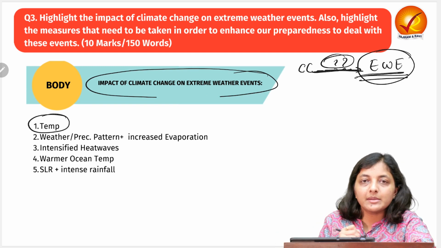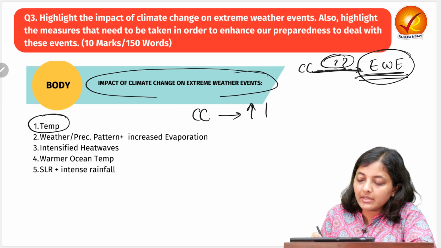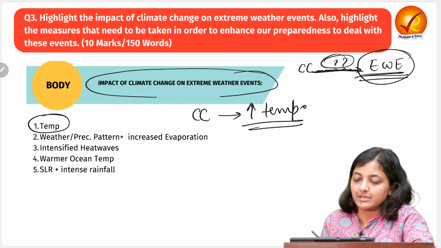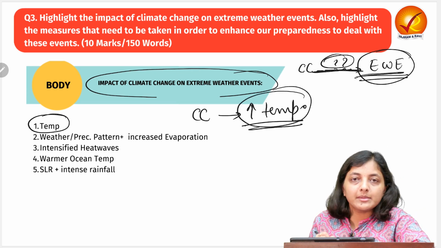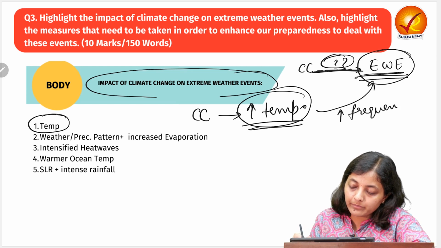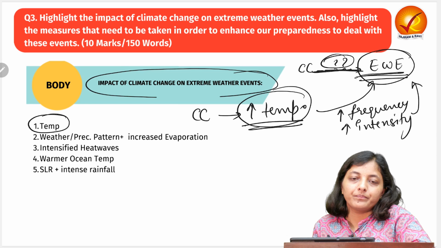The first one is temperature. Climate change increases the temperature of the atmosphere and the water bodies. What will this increased temperature do? This will increase the frequency and intensity of these extreme weather events.